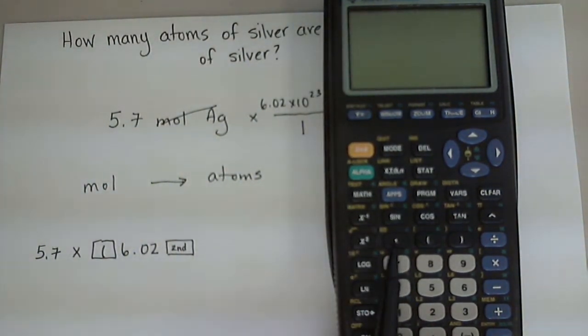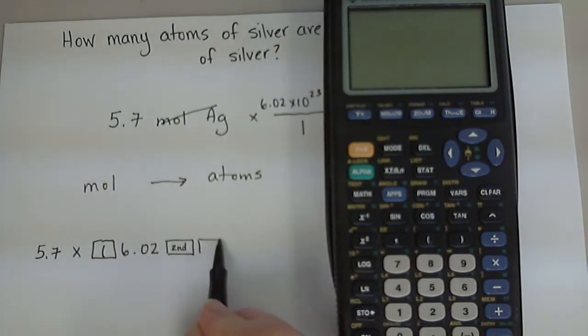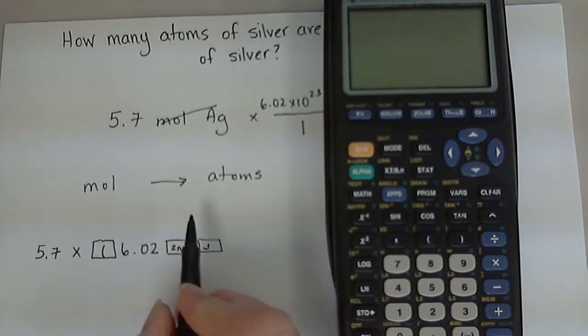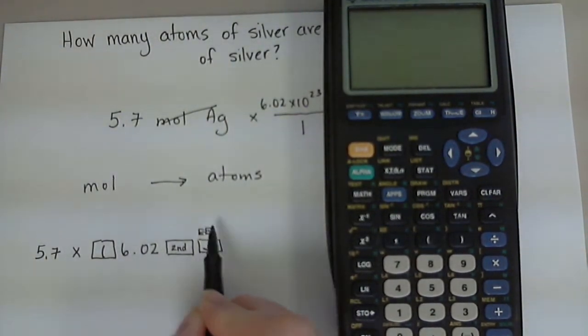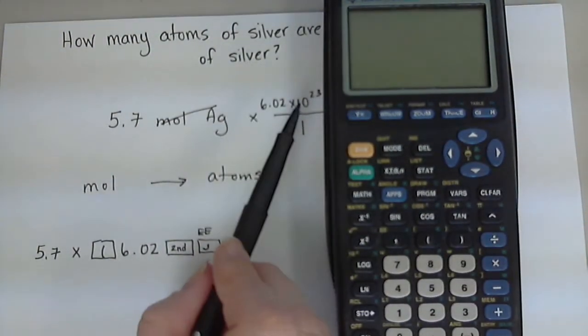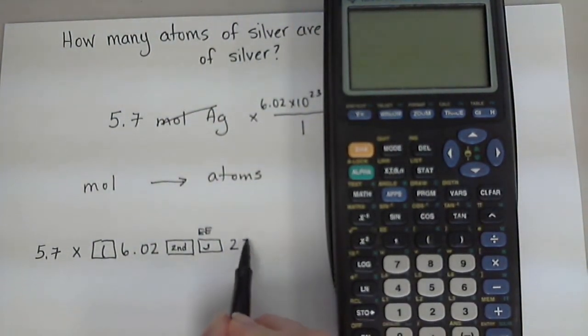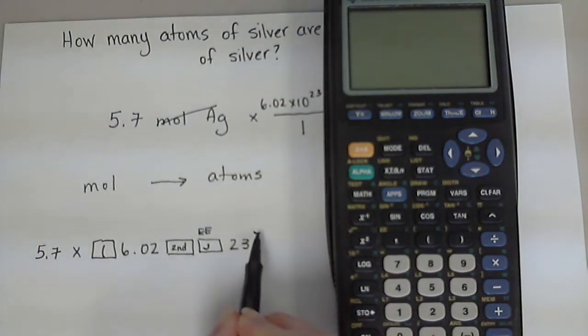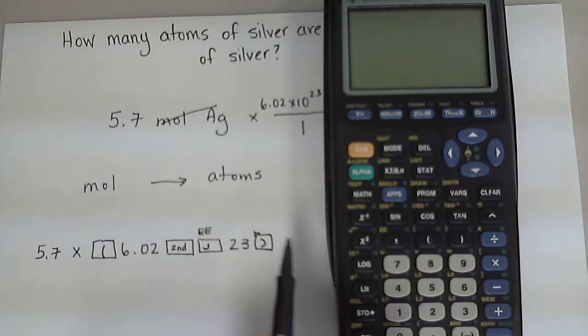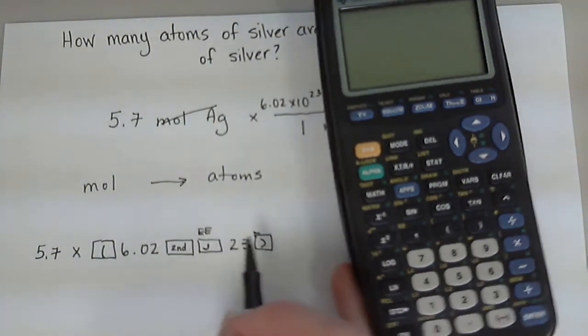Then you're going to actually hit the comma button, and I know it's blurry again, but if you can see, there's a little yellow EE. Okay, so you're going to hit the second button, then the comma button that has a small EE above it, and then you need to enter your exponent, which for us is 23. You're then going to go ahead and close off that parenthesis and hit enter.